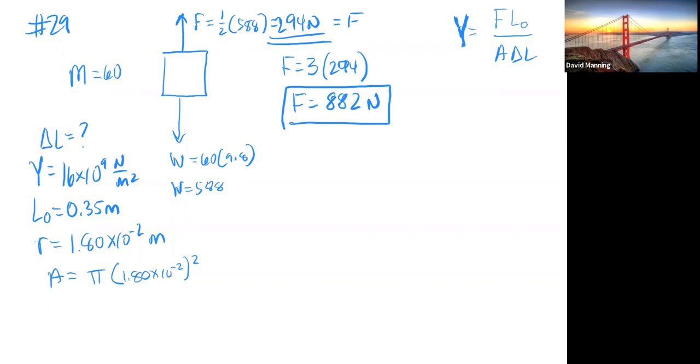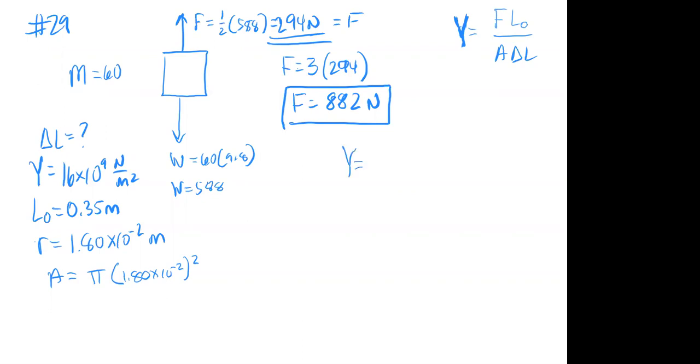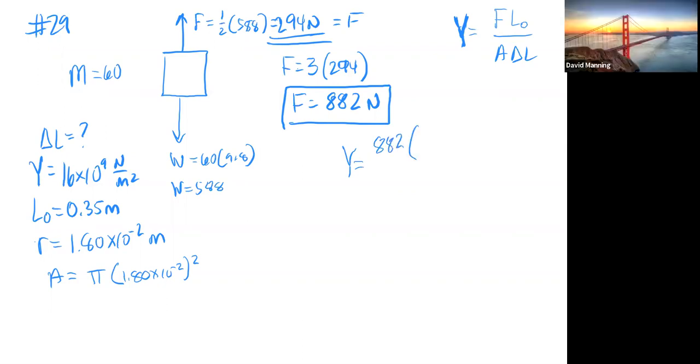So we go up here to solve for Y. I'm just going to move it down here because I have more room. Y equals 882 times 0.35 divided by pi times 1.80 times 10 to the minus second squared times delta L, which is what we're solving for. So we just cross multiply delta L and Y. I'm just going to erase them because I screwed up again.